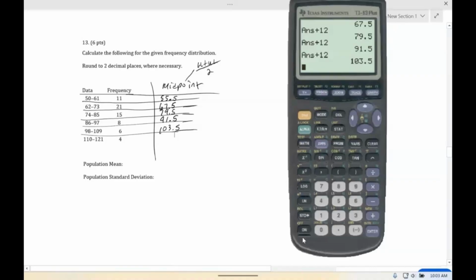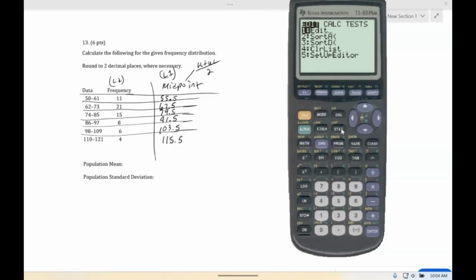And our last midpoint should be 115.5. So we're going to take the midpoints and put them in as list one. We're going to put in our frequencies as list two, and then we're going to calculate the population mean and standard deviation. So in the calculator, I want to enter the data.